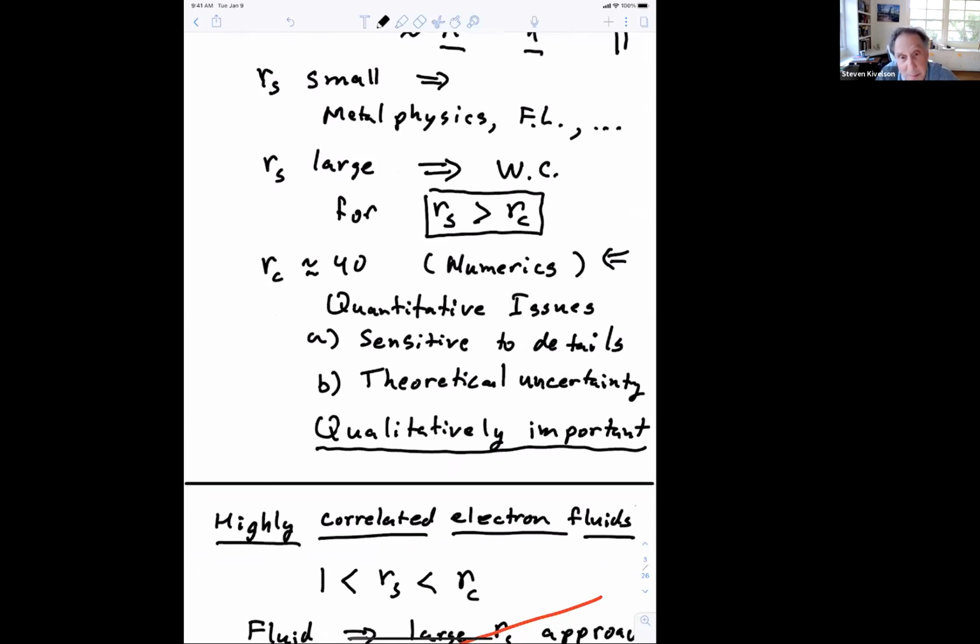It certainly should depend on microscopic details of the system, mass anisotropies, thickness of the two-dimensional electron gas. There are also some theoretical uncertainties about this, but I think there's no question that this result is qualitatively correct, and it's extremely important.